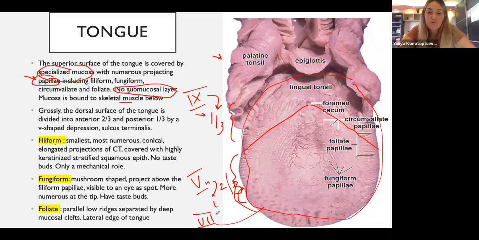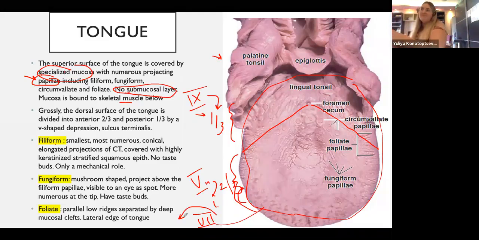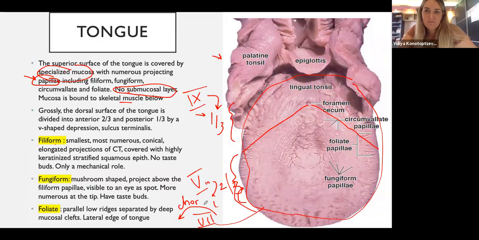Anybody knows the name of the nerve? Because it's very important. Which nerve innervates the taste buds? It's in your ear. That's why it's called cord of the middle ear cavity, because that's where it passes. It's called chorda tympani. Have you ever heard it? Chorda tympani? No? Okay, so this is a very important branch of the facial nerve that innervates our taste buds.